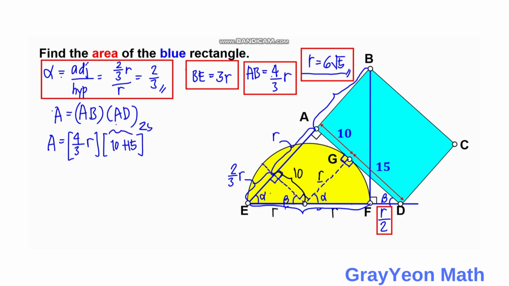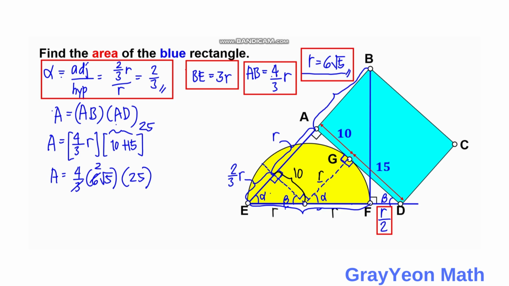But R is 6 square root of 5, so we can substitute that: 4/3 times 6 square root of 5 times 25. We can divide by 3, so this becomes 2, and this becomes 8.